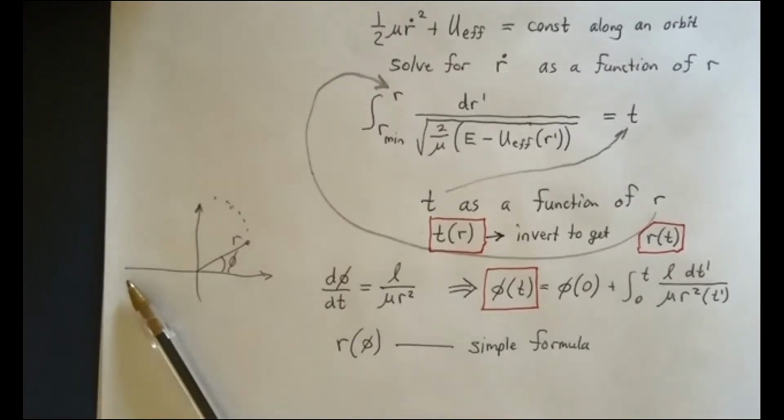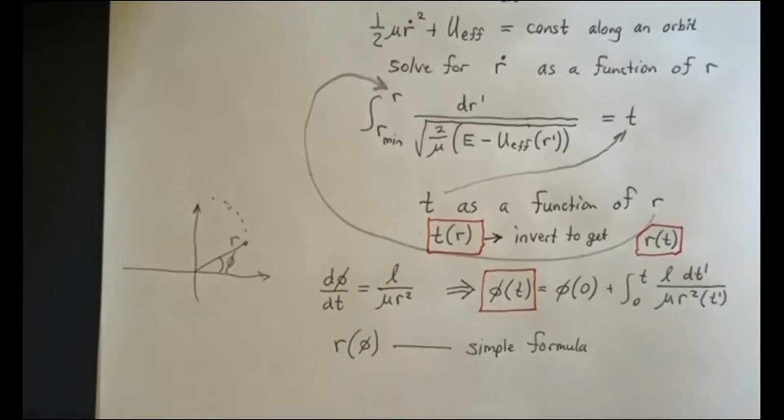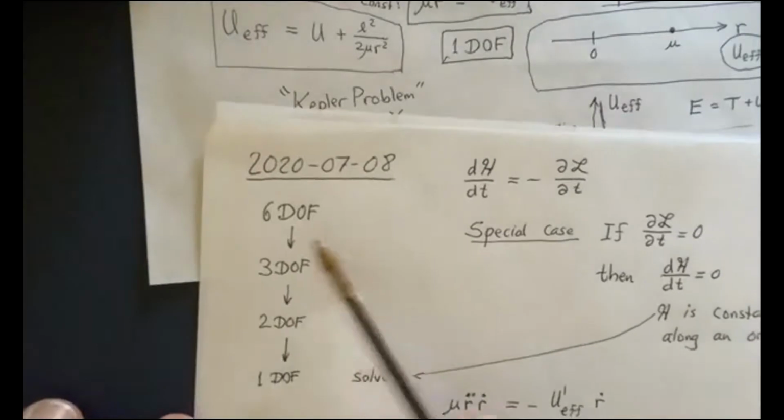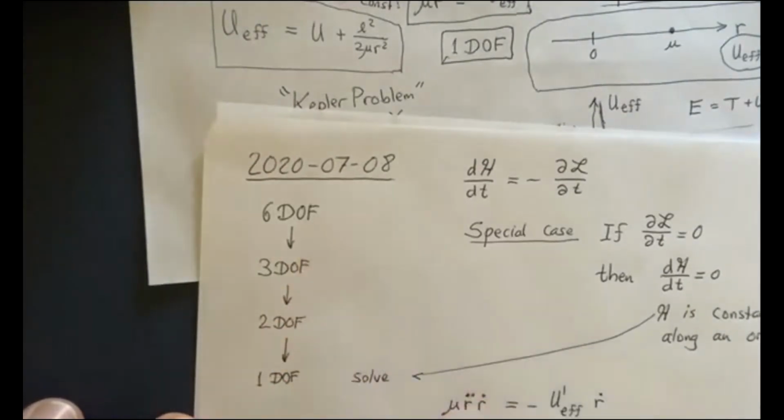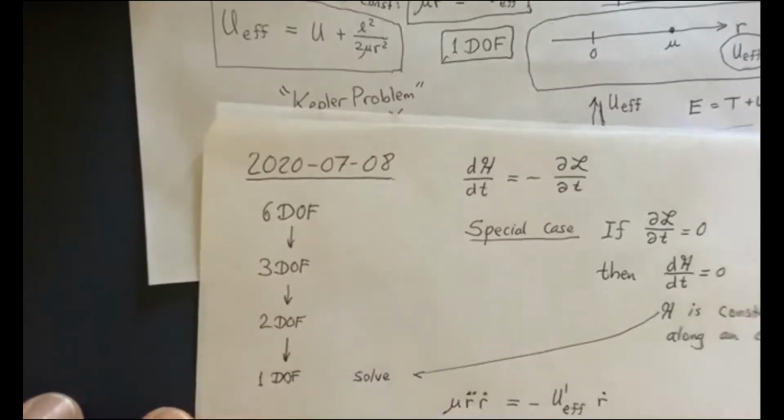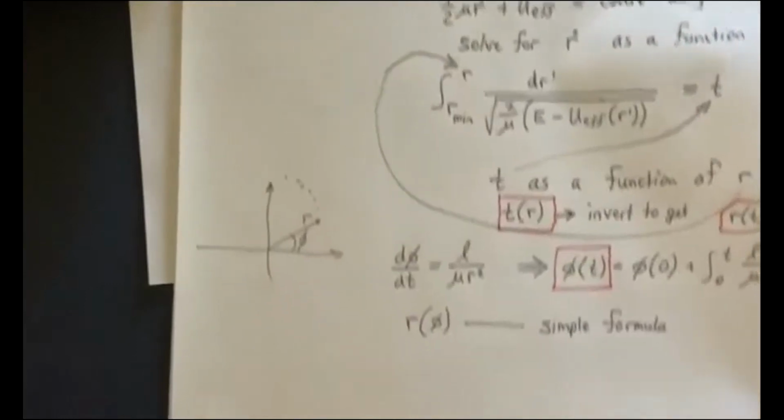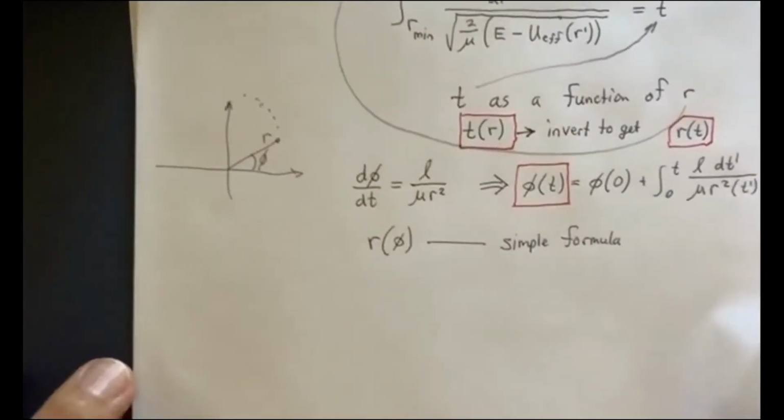Suppose you have a spring, a Hooke's law spring, and this particle mu is getting pulled back to the origin by a Hooke's law spring, a perfect spring with zero rest length. That is to say, if the two original particles, remember the story began with a 6 degree of freedom problem, if these two original particles are connected by a massless spring, and there's no gravitational interaction, just that spring, we can certainly solve that too, because again, that's a central force. Okay, so here's the remarkable thing.